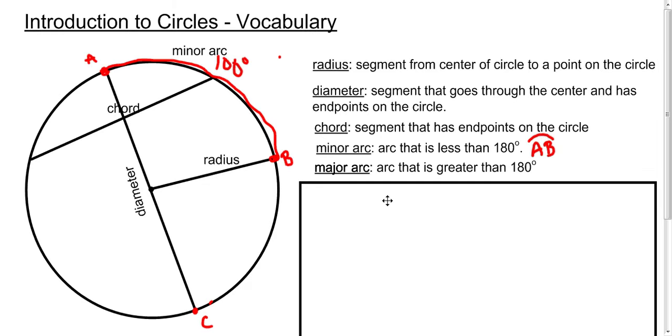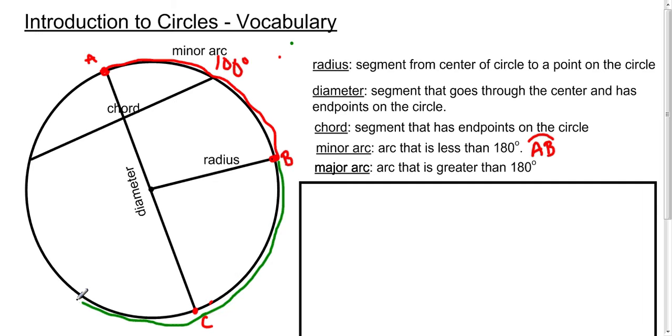The next one is called a major arc. Surprise, surprise. This is an arc that's greater than 180 degrees. Let's switch up colors here. Let's pick green. Let's say we're going to start here at B and go to A, but we're going to go the other way around. If we do that, that is going to be our major arc. Let's see if I can do my best tracing around the circle here.